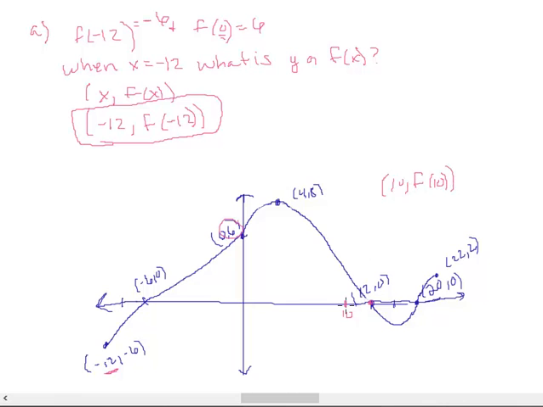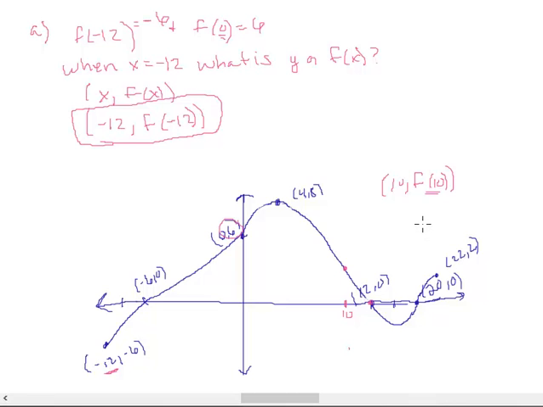So, is it positive or negative? If it's positive, it means that corresponding ordered pair would be above the x-axis. If it's negative, then the graph would lie below the x-axis. Since when x equals 10, the graph lies above the x-axis, that means that f of 10 would be a positive value.